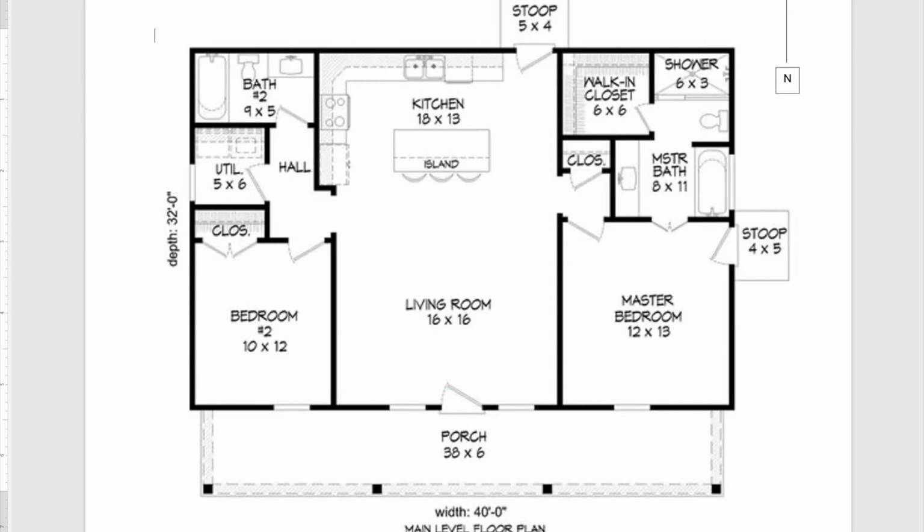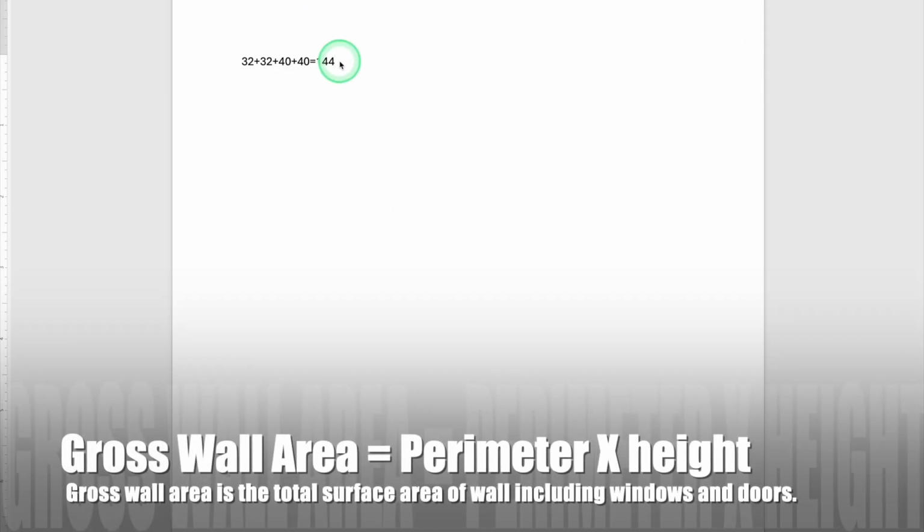So what we're going to do now is take our 144 linear feet that we walked out with the tape measure, or measured with the plans, and times it by 10 feet. That's going to give us our area of the walls, that's gross walls. So 144 times 10 equals 1,440 square feet of gross walls.